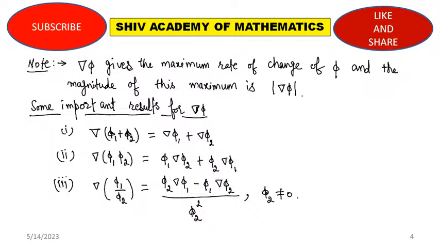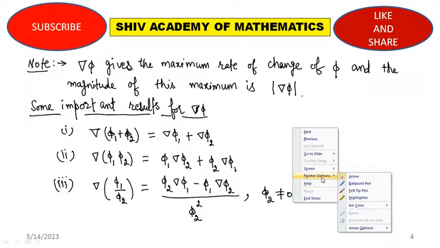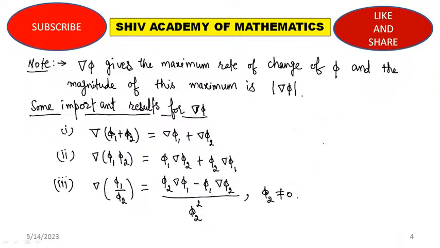So before starting those examples, here are certain results related to the gradient of a scalar function. First note: del phi always gives the maximum rate of change of phi, and the magnitude of this maximum is mod of del phi.